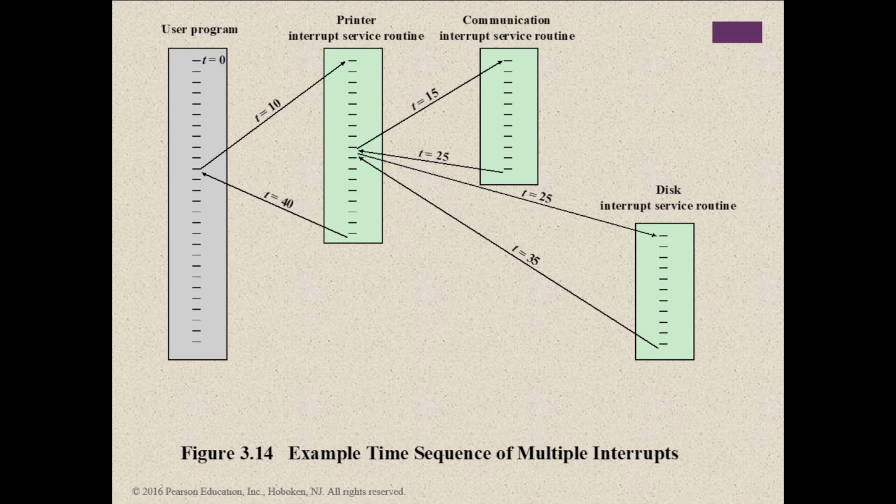This figure illustrates a possible sequence. The user program begins at T0, or time equal to 0. Then at time equal to 10, a printer interrupt occurs. That's why there is a printer interrupt here.